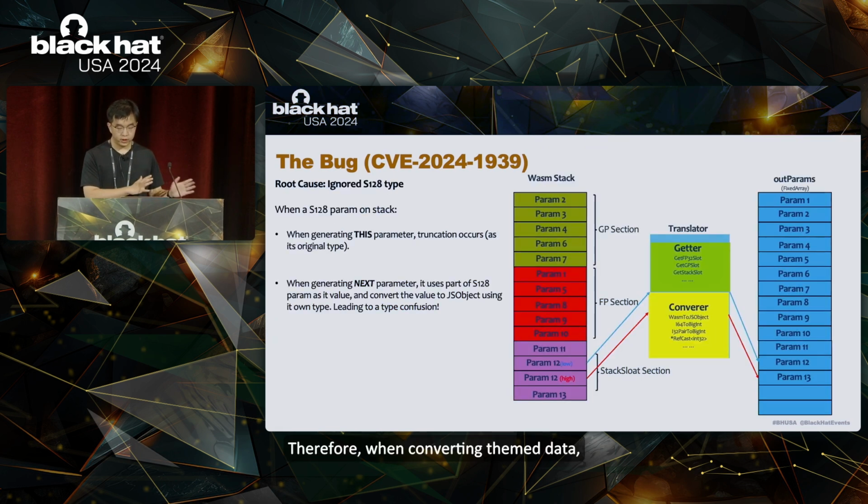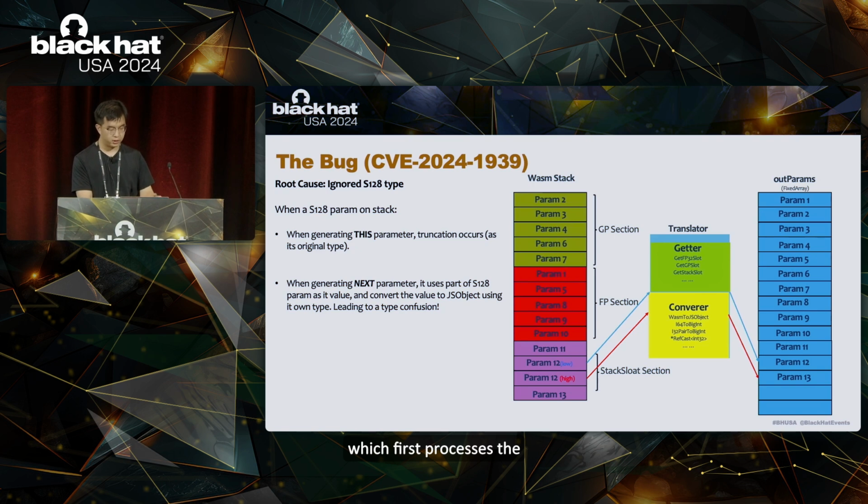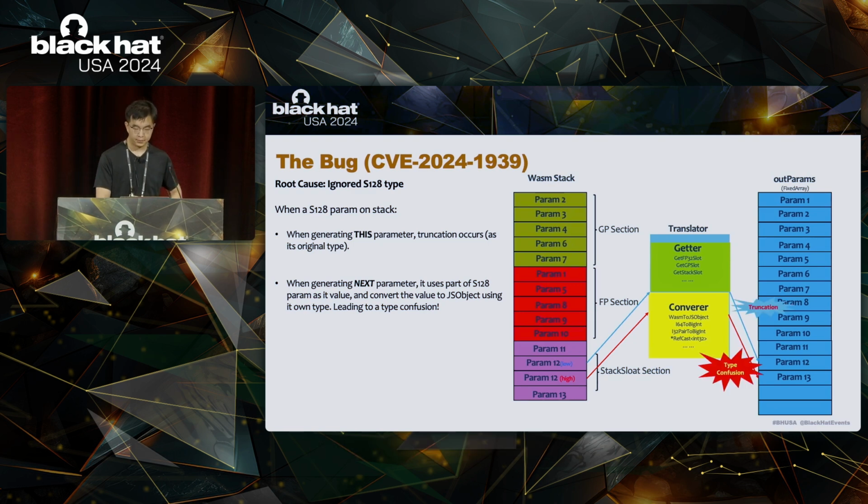Therefore, when converting v128 data, the translator performs getStackSlot, which first processes the lower 8 bytes of the v128 value as the first variable, and continuously treats the upper 8 bytes as the next value. However, the signature at the time will just remain still, and thus will cause type confusion.